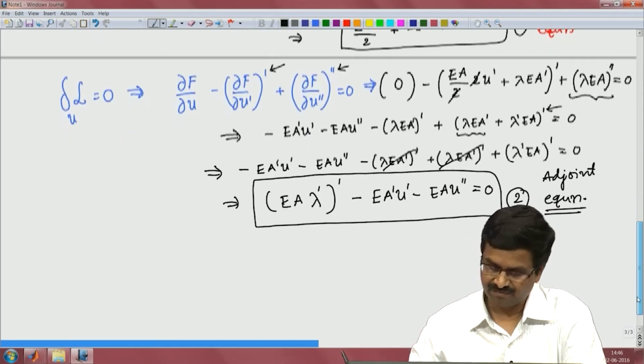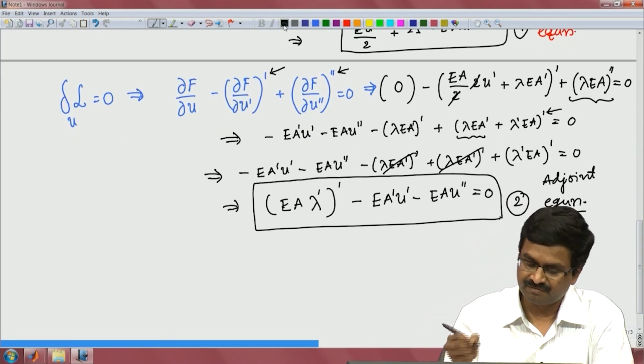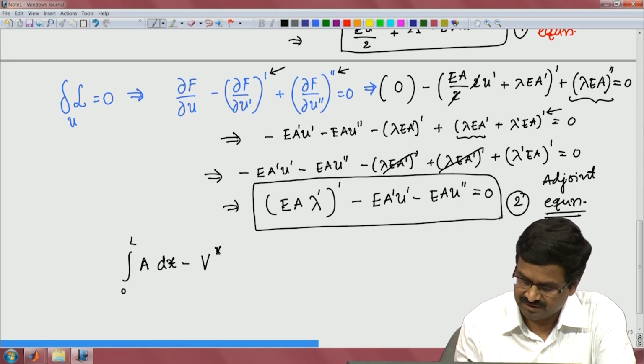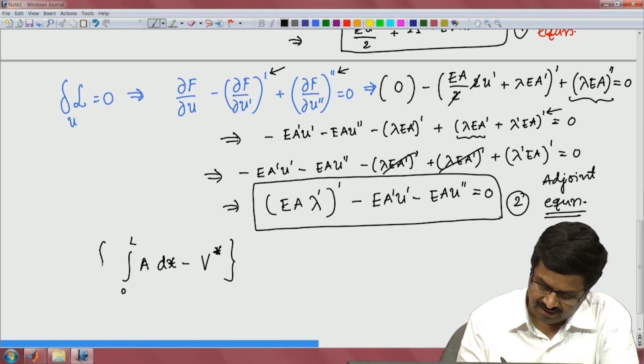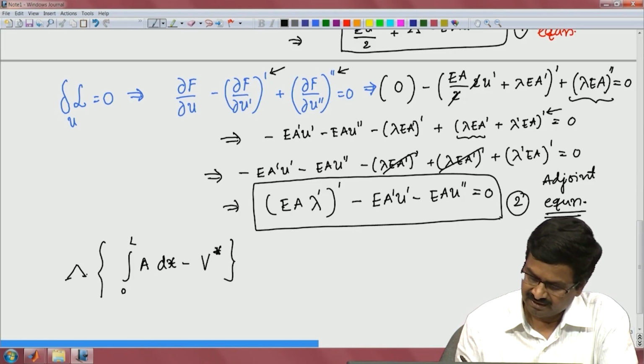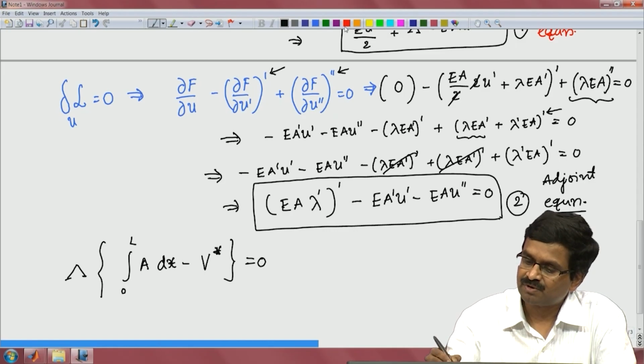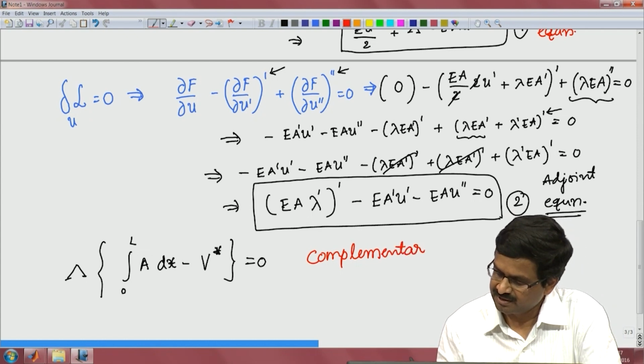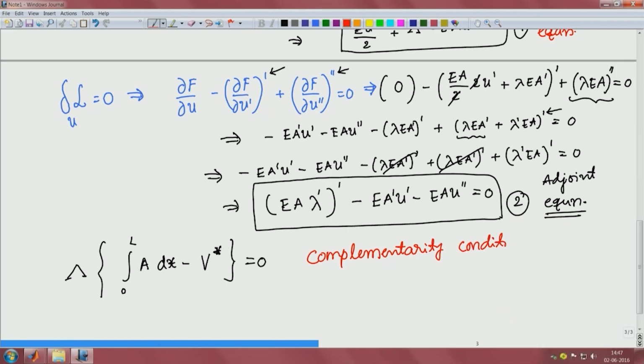So in addition, we have this equation, that is the integral from 0 to L of a dx minus v star, and the corresponding multiplier, that should be equal to 0, which is what we called the complementarity condition. Whenever you have an inequality constraint, we need to have this complementarity condition.